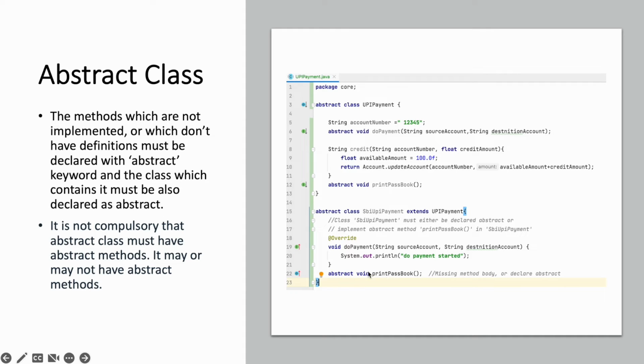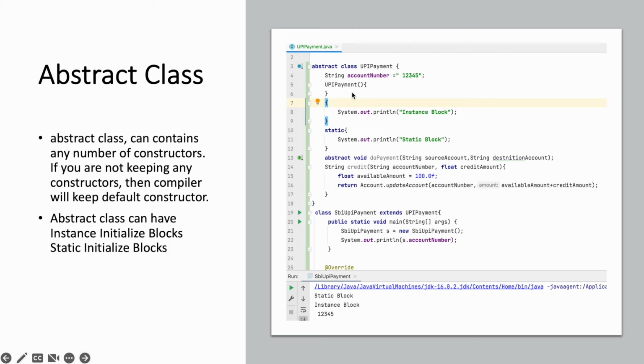If you declare the method as abstract and you have not declared the class as abstract, it will give an error saying that the class SBIUPIPayment must either be declared abstract or it should implement the abstract method printPassbook in SBIUPIPayment. And it is not compulsory that an abstract class must have abstract methods only. It may or may not have abstract methods.